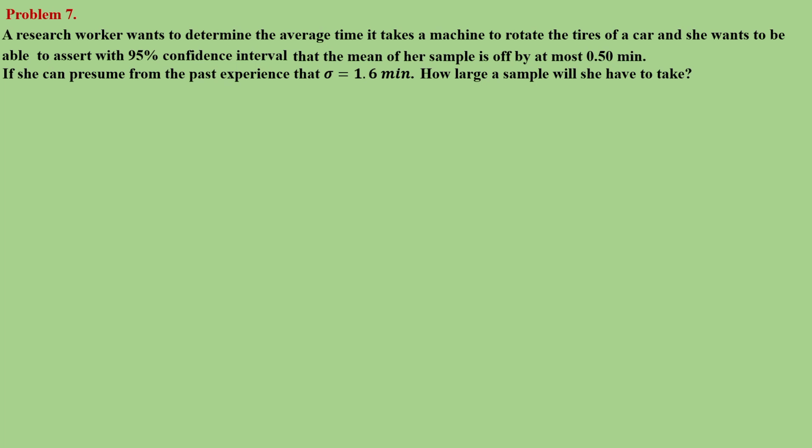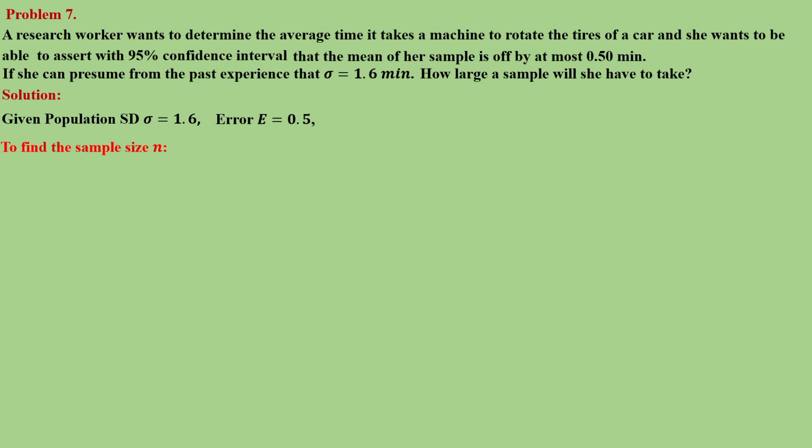So 95% confidence interval, mean of a sample is off by at most 0.5 minutes, right? So we have population standard deviation sigma is equal to 1.6. The mean of her sample is off by at most 0.50, that is the error difference, right?